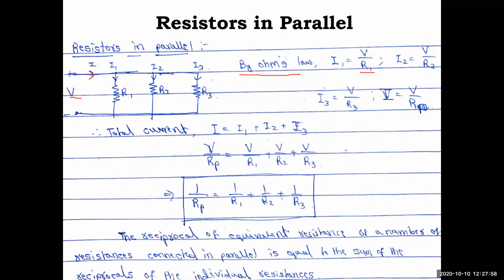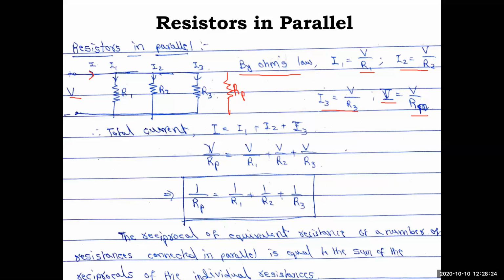Here we'll use I equals V by R. Similarly, the second element I2 is equal to V by R2, V is constant, and I3 is equal to V by R3. If we replace them by a single equivalent resistance, we denote it as RP. The voltage is the same and the current is I, so I is equal to V by RP. This is the equivalent resistance.